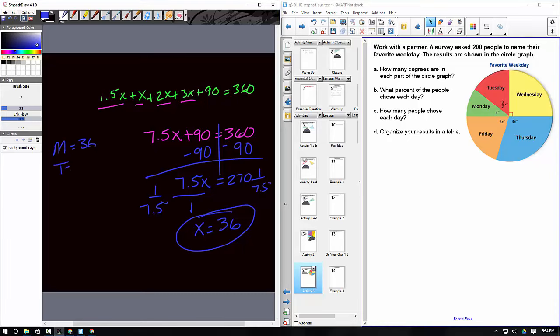I know that Tuesday will equal 3/2. So I can do 3 over 2 times 36. I could either multiply 3 times 36 divided by 2, or take 36 divided by 2 and get 18, and 18 times 3 is 54.